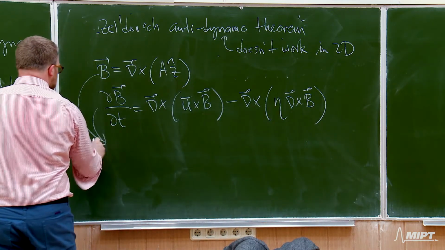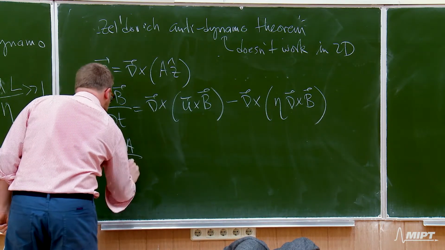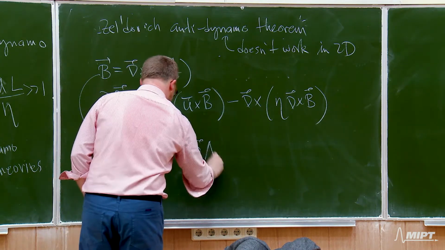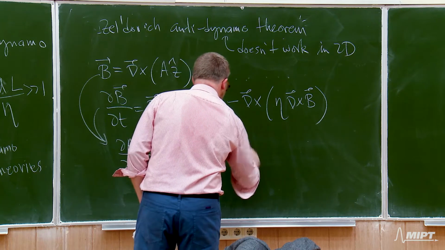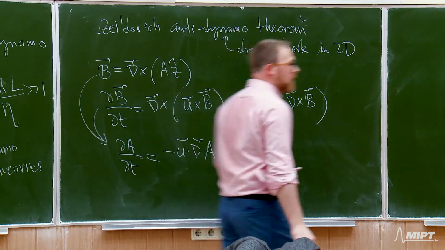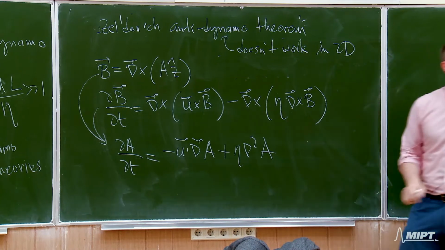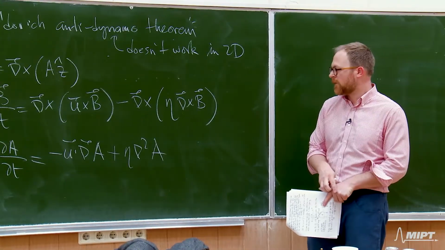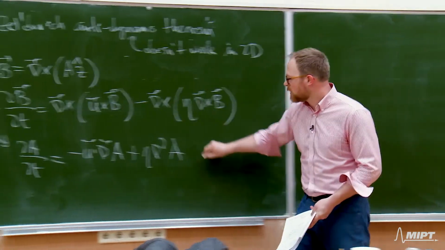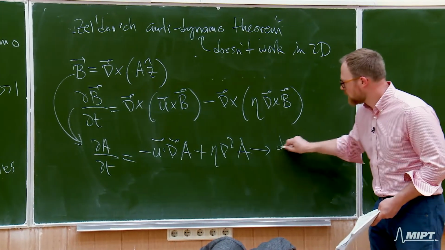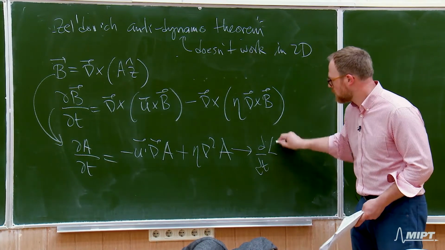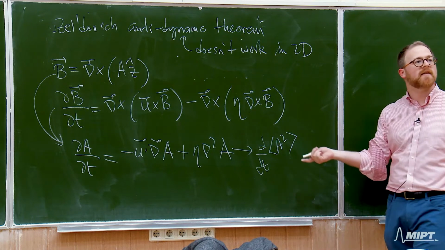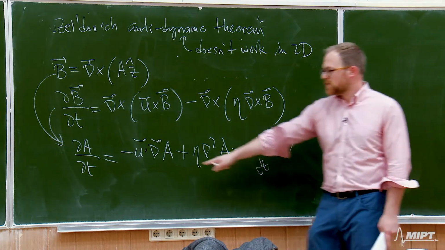If I take these two together, you can just do some vector algebra, and you get an equation that looks like this for the scalar A. If you take this and square it and then average over volume, this term is going to go away.